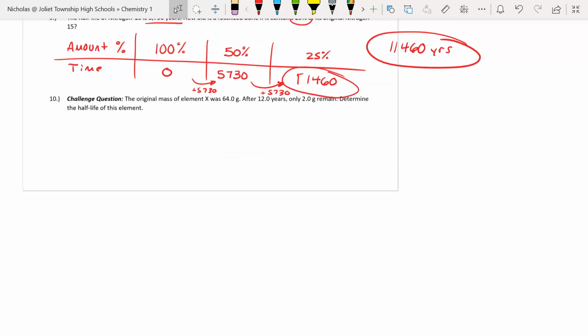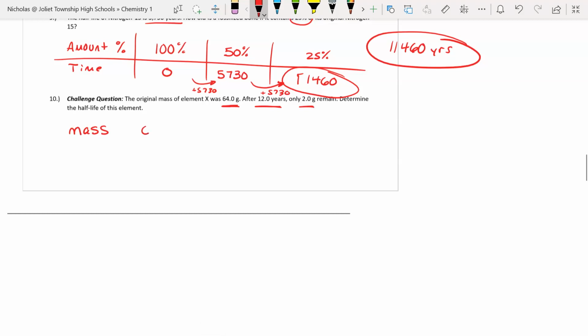All right. For this one, we do not know the half-life. So again, we kind of have to work backwards here. So it gives us the original mass, it gives us the ending mass, and it tells us how many years took place. So let's make a table with the masses.